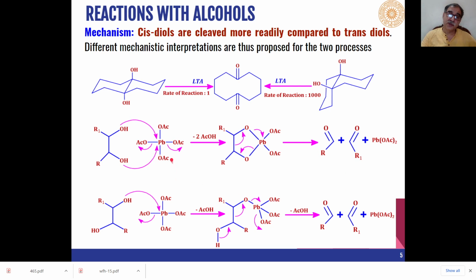Because here, in a single step, these can be converted into this, and here two steps are required: first the formation of this, then removal of this, and that is why this is a faster process, whereas this is a slower process.